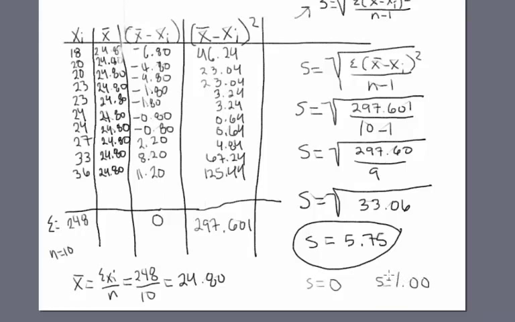What that would tell us is that there's very little variability. That is, on average, the BMI scores are only 1 point away from the mean. So we can see here we have quite a bit of variability. That is, the BMI scores in this set of scores are different from one another.